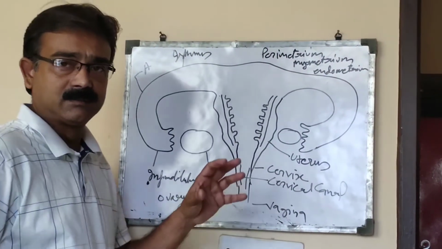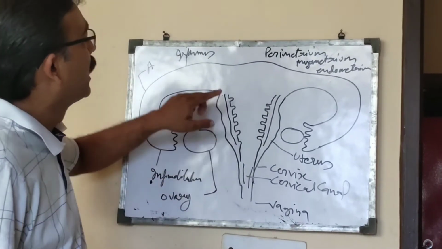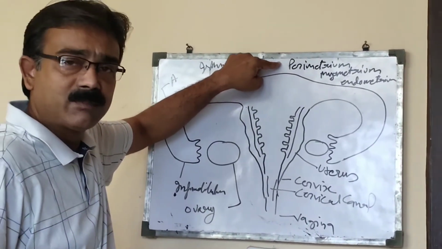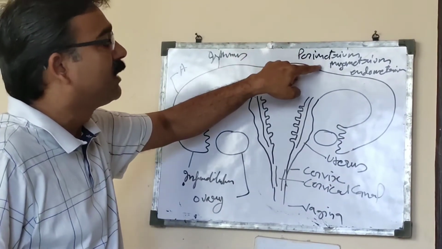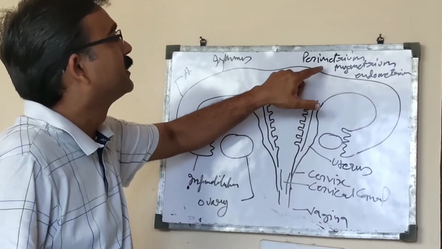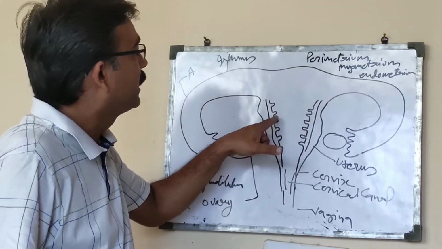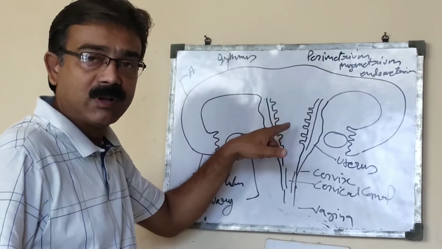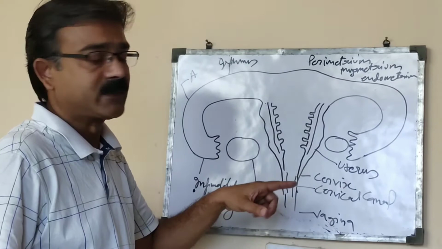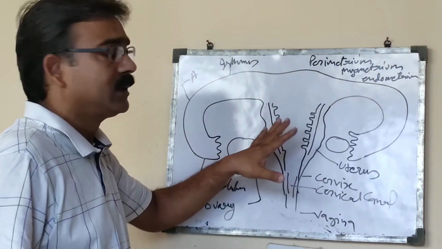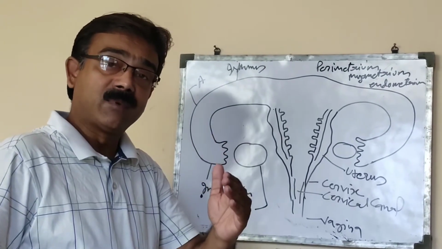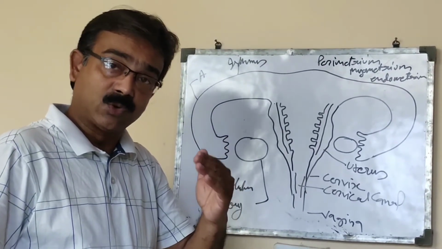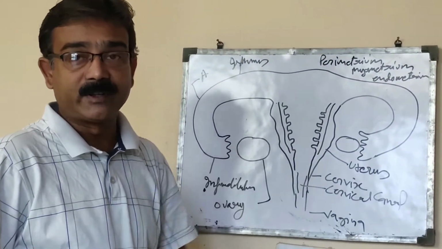The uterus is made up of three layers. The outermost layer is thin, that is the perimetrium. Then the middle one is quite thicker, that is the myometrium, and the innermost is the glandular endometrium. So these are the three layers the uterus comprises. That is very important at the time of embryonic growth. How? I will explain quite later.